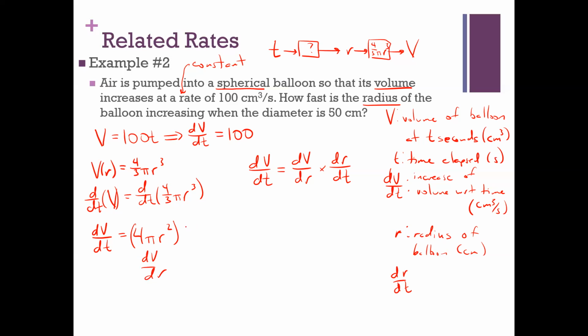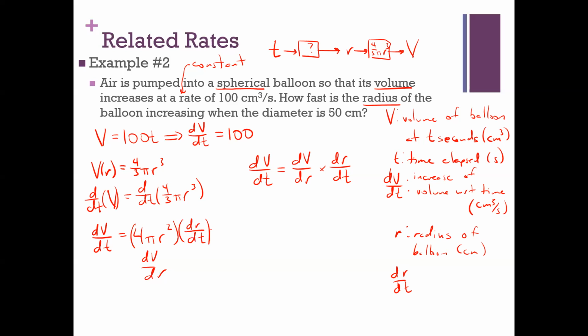And then dr/dt is that other rate that results from the chain rule. So we've done quite a lot. We're very nearly done. From here, it's just a matter of substituting, but I want to make sure we're on board with what happened here. Any questions about how we came up with this dV/dt equation?